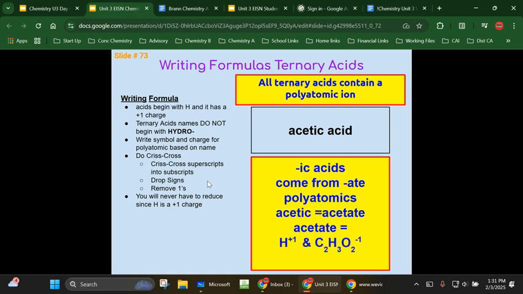H in that C2H3O2. What do we get? HC2H3O2. Do not put your H's together here. You won't recognize it as an acid if we make it C2H4O2. Don't do that. And that is written in lowest terms, ladies and gentlemen. You cannot change that because we are not allowed to change that polyatomic group. Questions?